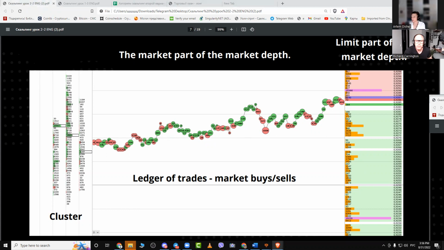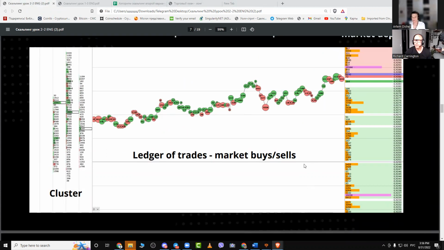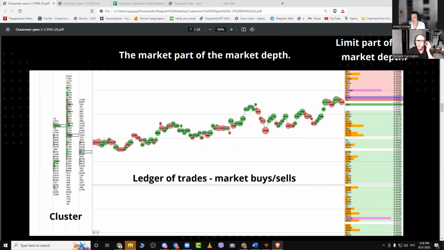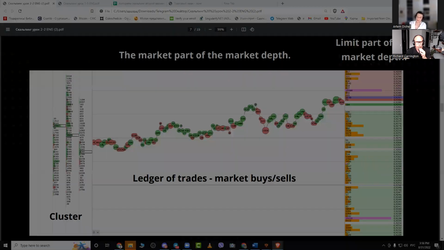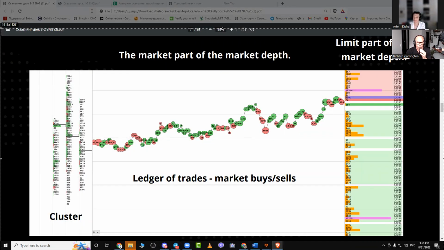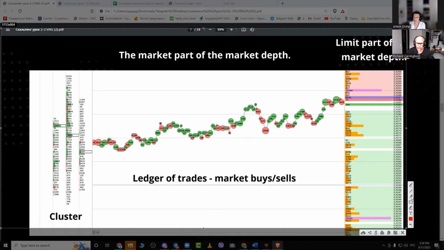This meeting is okay. Yes, meeting hits record. Limit participants of the depth market has 3 areas. First, it's the limit part of the market depth. It's big participants, buyer or seller.